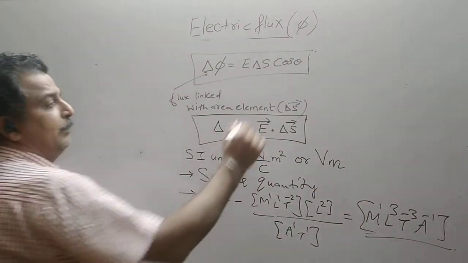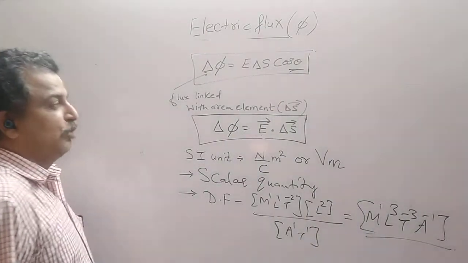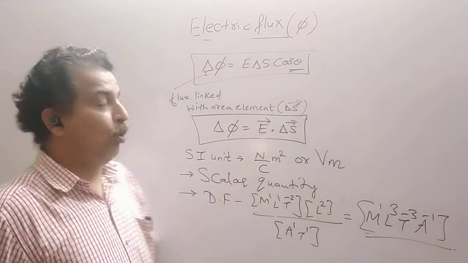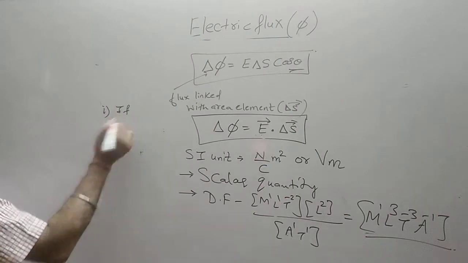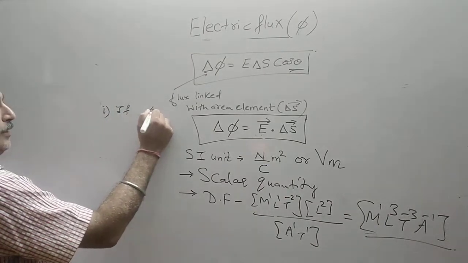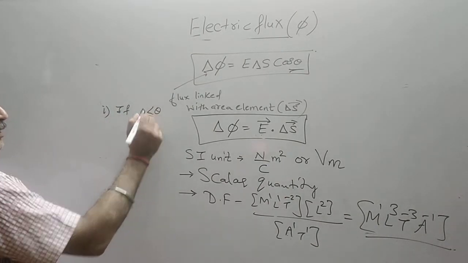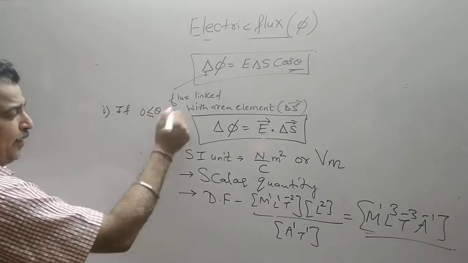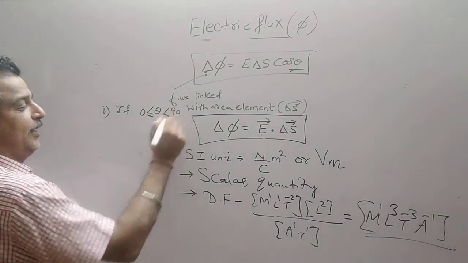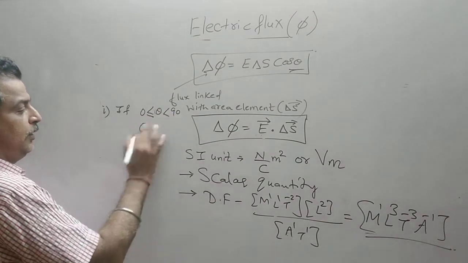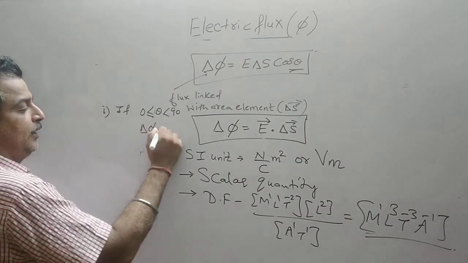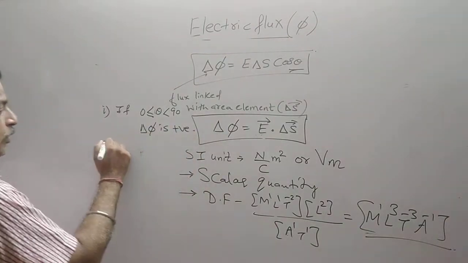And since it depends on theta, the cos function can be positive, negative or 0. So in the first case, if theta is equal to 0 or greater than 0 but less than 90 degrees, then delta phi is positive.